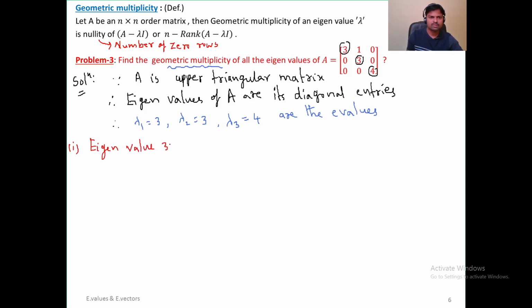Lambda is 3, so A minus lambda I is A minus 3I. What is A minus 3I now? Matrix A is 3, 1, 0, 0, 3, 0, 0, 0, 4.